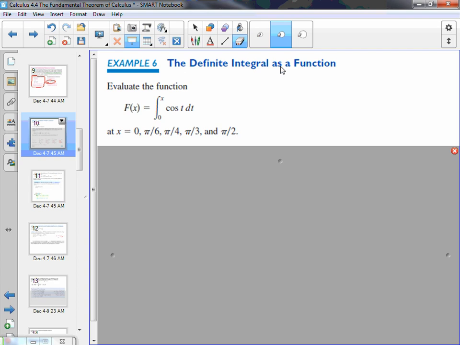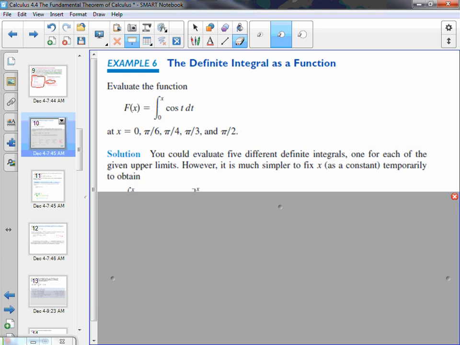Now, we could work this out by replacing x with 0, work it out as a definite integral just like we did yesterday. Then we could replace x with pi over 6, work it out as a definite integral just like we did yesterday. And then pi over 4, pi over 3, pi over 2. We can do that. We can.